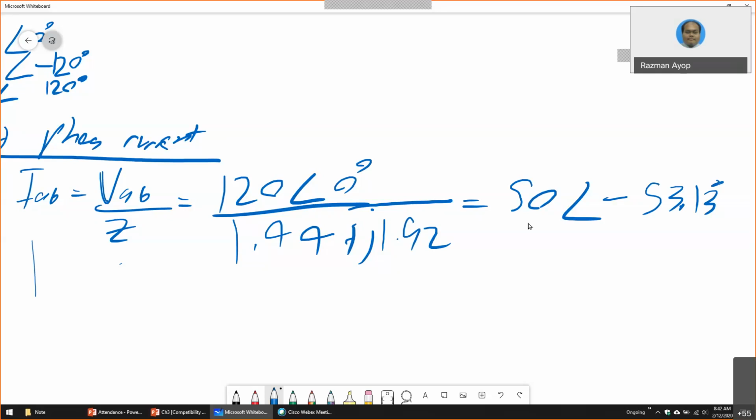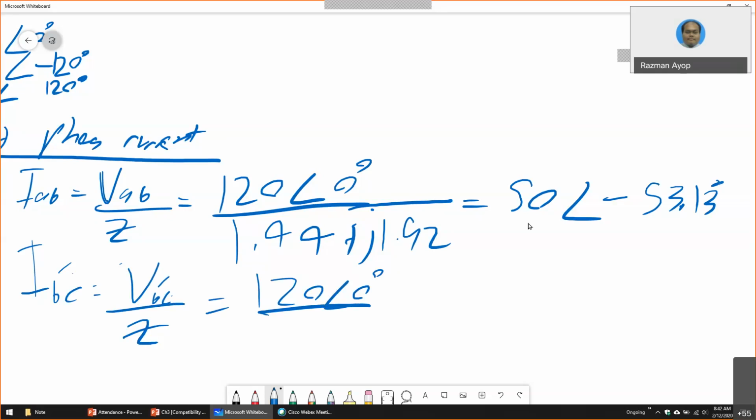Same here for IBC equals VBC divided by Z. Remember BC. Then you get 120 divided by 1.44 plus J1.92, you get 50.